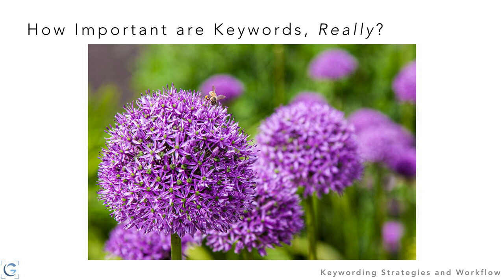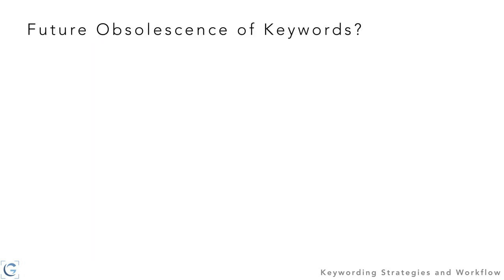Now, that actually raises a really interesting notion: the potential future obsolescence of keywords. Maybe at some point, I know it maybe sounds a little bit crazy, but maybe at some point we won't actually need keywords because we will be able to find our images through other means.